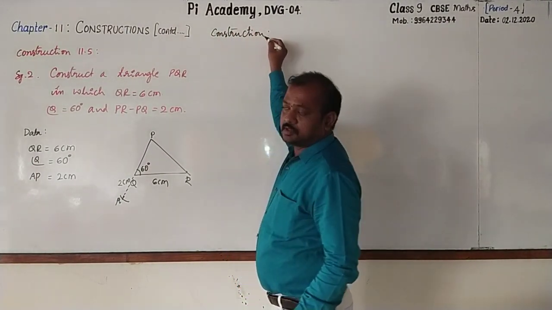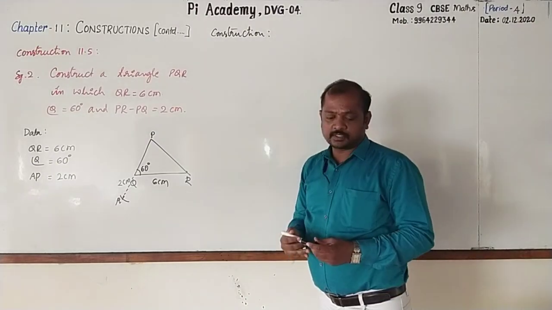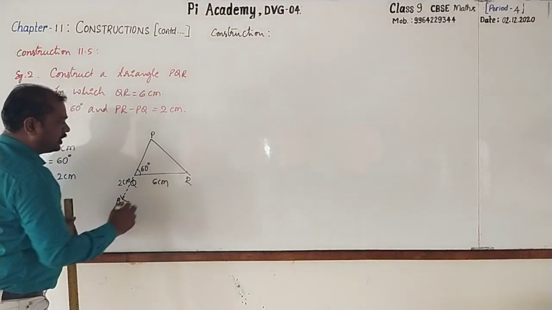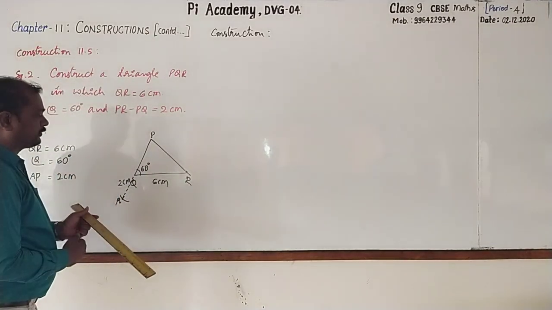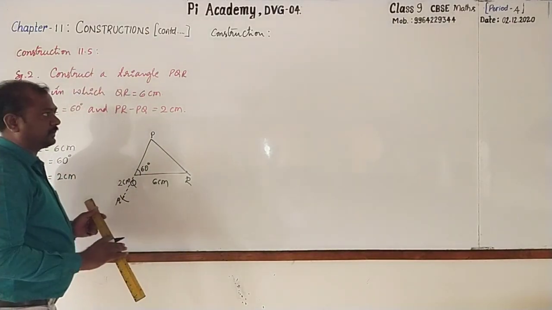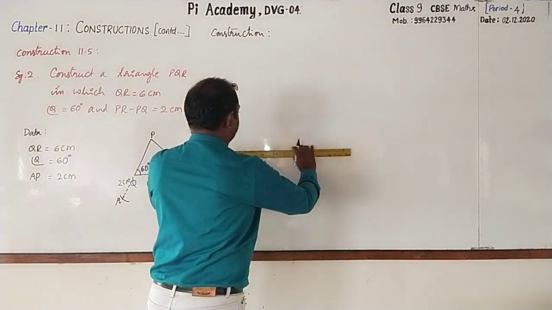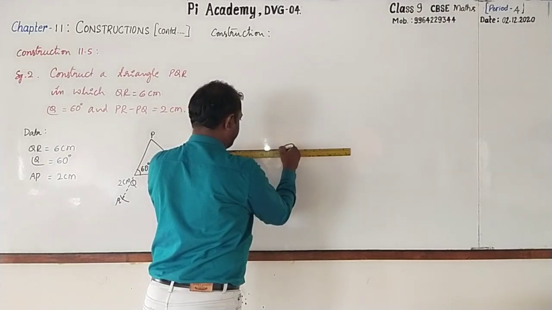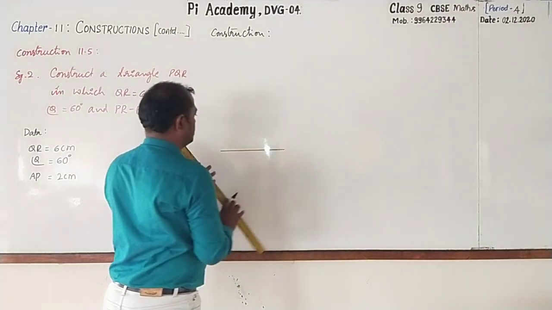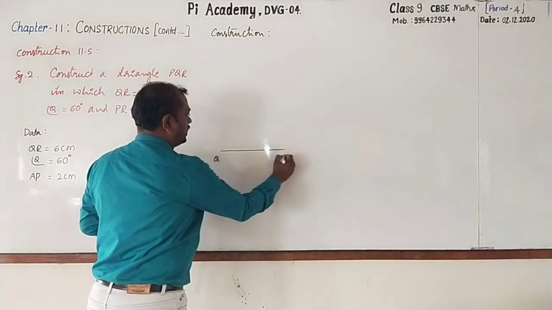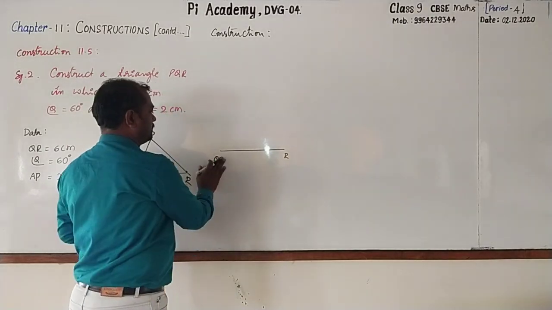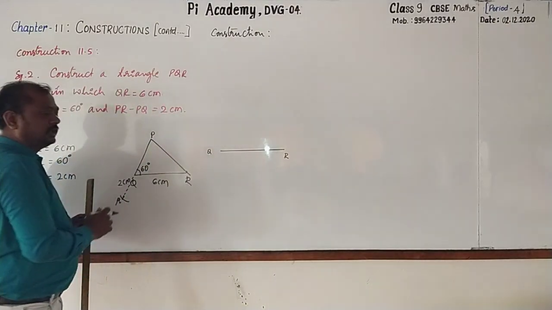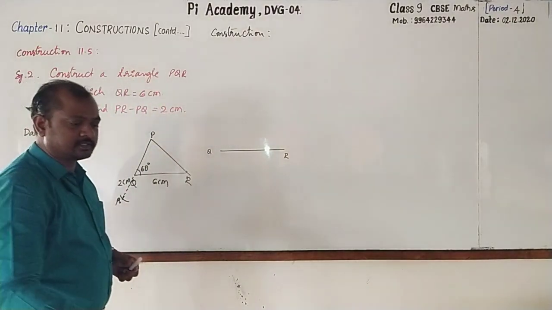Okay, let's go for constructing the triangle. Take scale and pencil. First, you draw a line segment QR of length 6 cm. Name this as Q and this point as R. Next, at Q, you have to construct 60 degree.